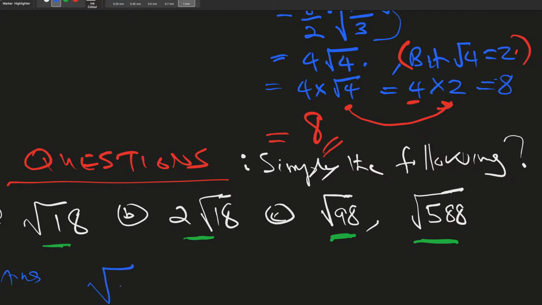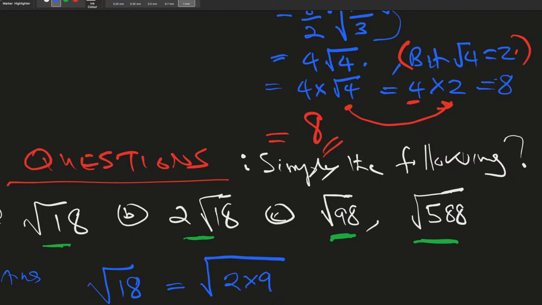We can write this as root of the possible numbers that can divide 18, which will be easier for us to break. We know 18 can be 2 times 9. Okay, 2 times 9 will give us 18.